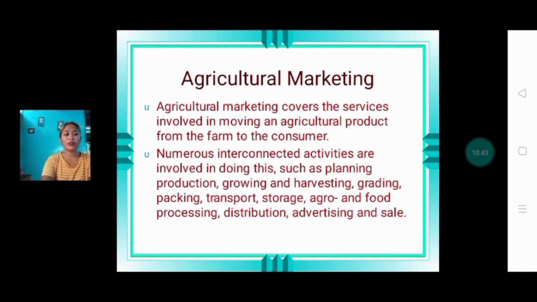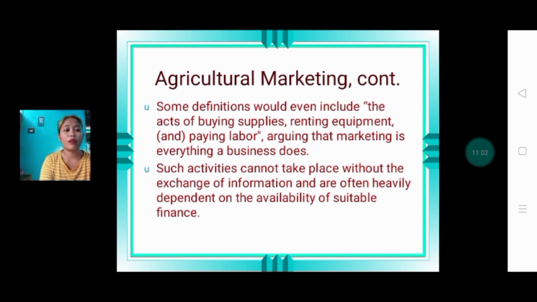Numerous interconnected activities are involved in doing this, such as planning, production, growing, harvesting, grading, packing, transport, storage, agro and food processing, distribution, advertising, and sale. Some definitions would even include the acts of buying supplies, renting equipment, and paying labor, arguing that marketing is everything a business does.